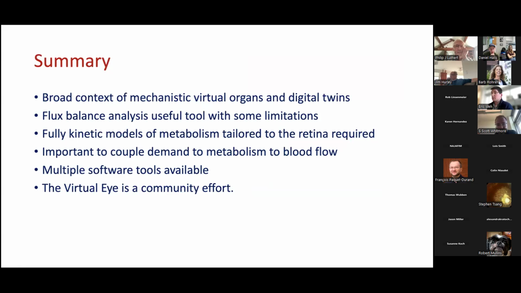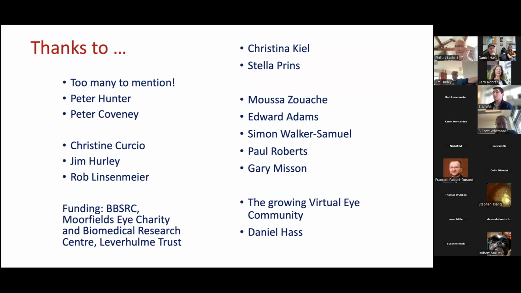So in summary, I've talked too much, so I'm going to skip over that and just say thanks. There are too many people really, but Peter Coveney and Peter Hunter have been mentors of mine through this for many years. Christine Curcio, Jim and his group, Rob and his group, the data have been just pivotal in getting any of these ideas off the ground.